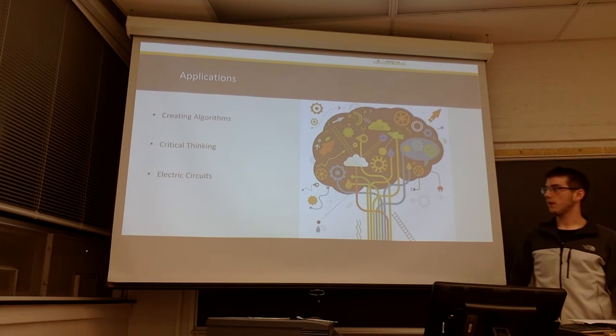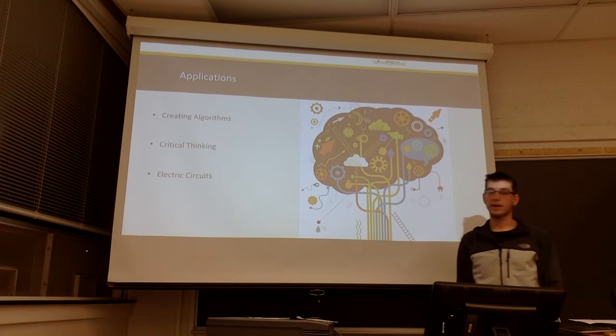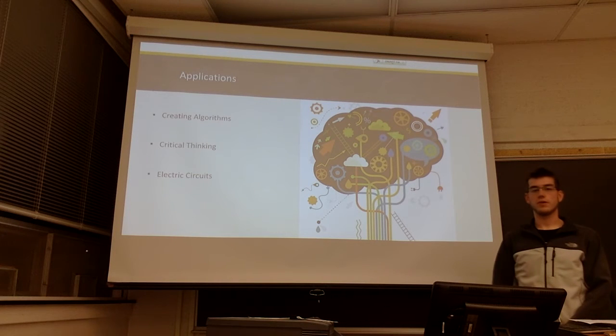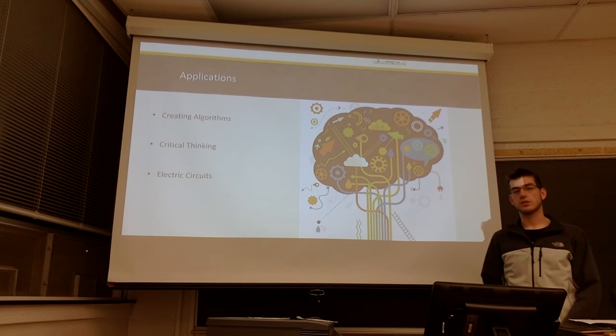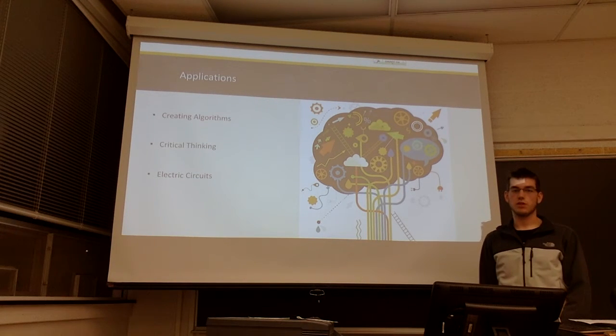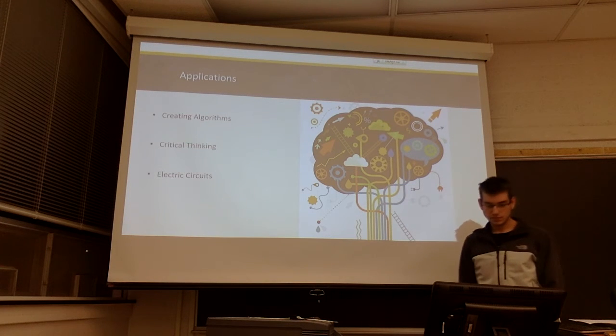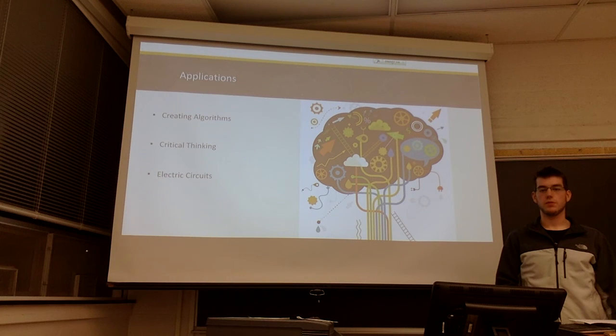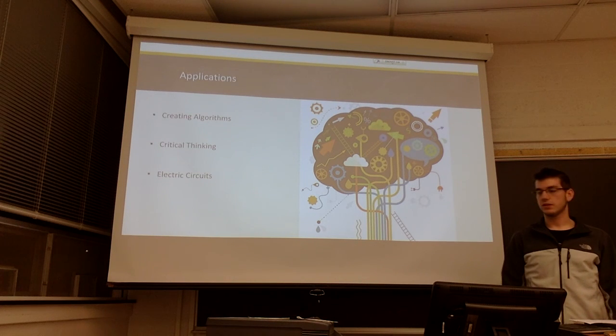It also applies a lot to creating and understanding electric circuits. In an electric circuit where you have switches, the switch being on could be considered true, and the switch being off could be considered false. Having an understanding of Boolean algebra would help you understand that and help build complex electric circuits.